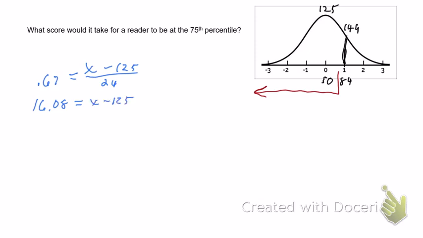I add 125 to both sides. I'm getting 141.08. In other words, if one of these sixth graders could read at about 141 words per minute, that would place him or her at the 75th percentile.